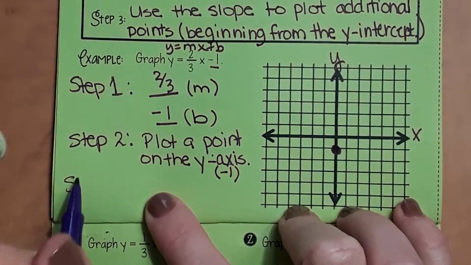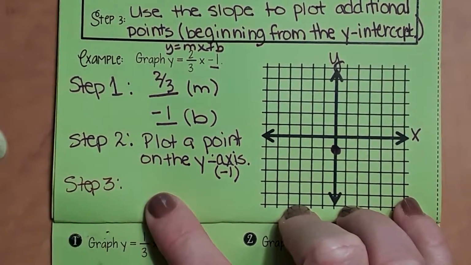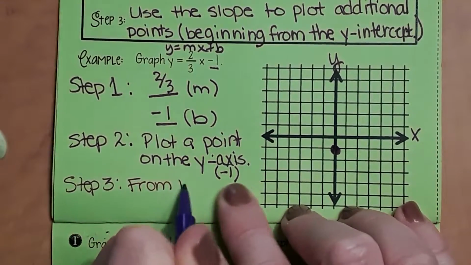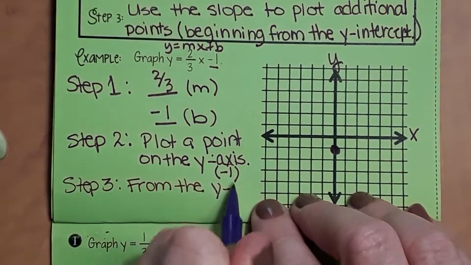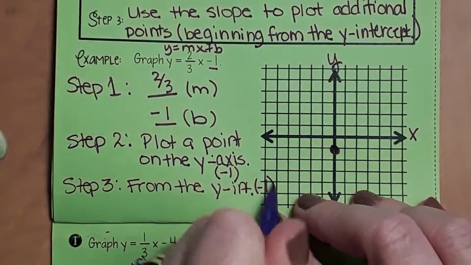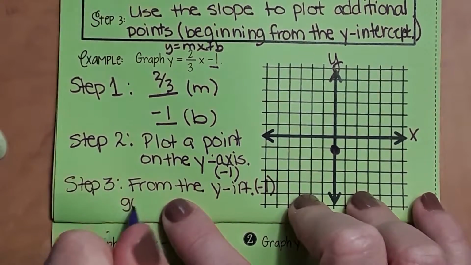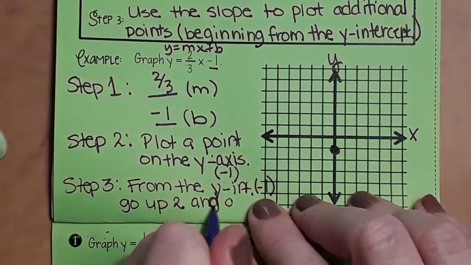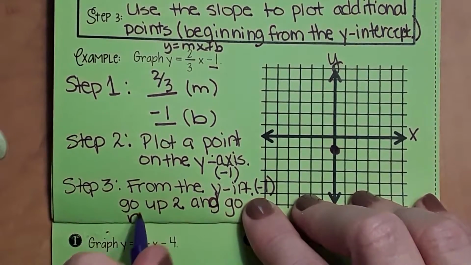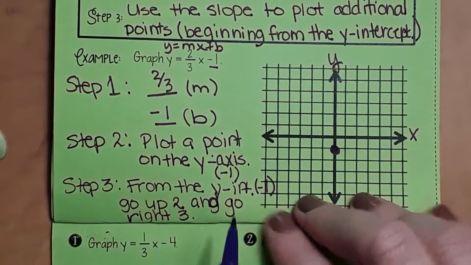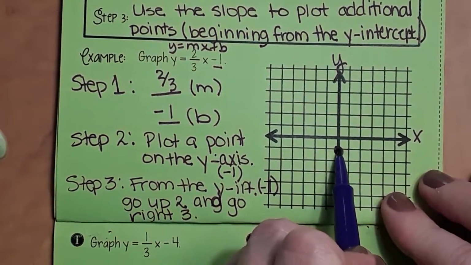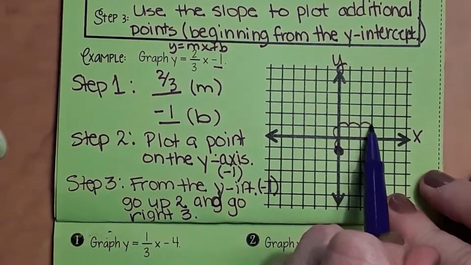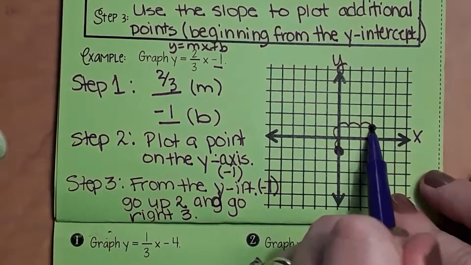Step 3, from the y-intercept, which is our -1, go up 2 and go right 3. Okay? So we're going to go up 1, 2, and then to the right 1, 2, 3, putting our first point.